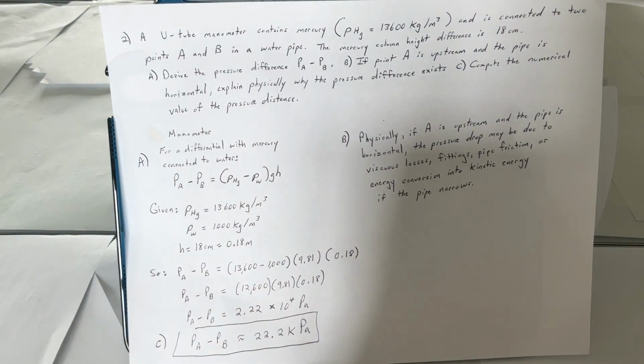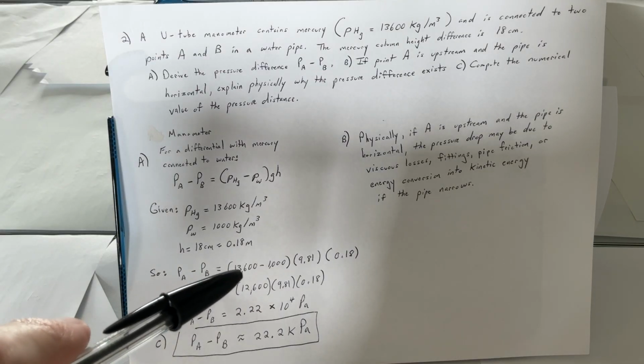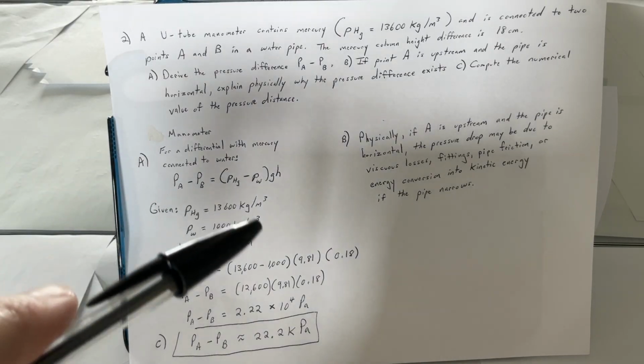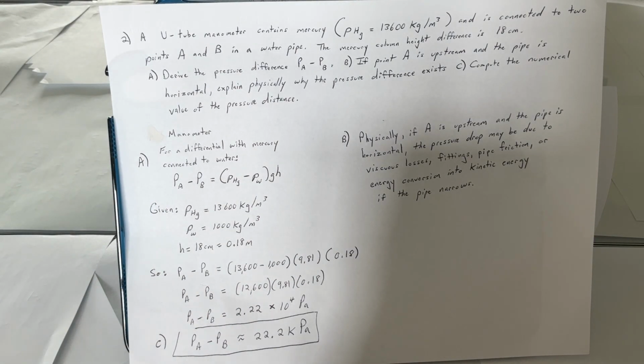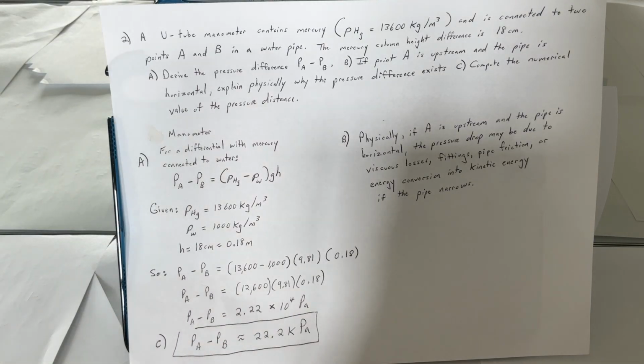The height we want to convert from 18 centimeters to meters, so it's 0.18 meters. So P sub A minus P sub B is 13,600 minus 1,000, times gravity, times 0.18. That's going to come out to 2.22 times 10 to the 4th pascals, and you could also write it as 22.2 kilopascals.